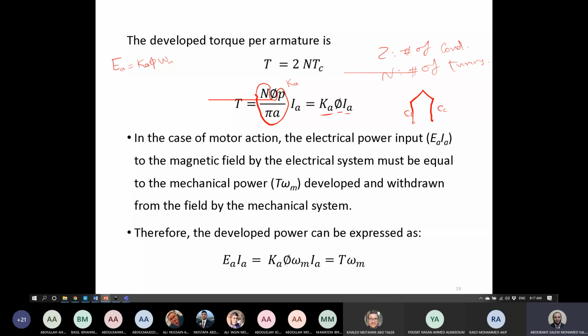We have many connections in DC machines, and we will describe all of them in detail, and the differences. So we have now two relations: E equals Ka multiplied by phi multiplied by omega m, and torque equals Ka multiplied by phi multiplied by Ia.